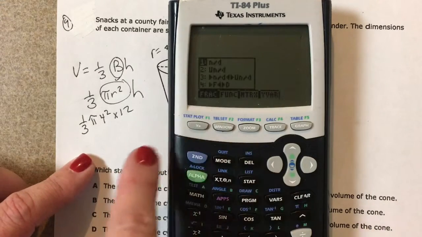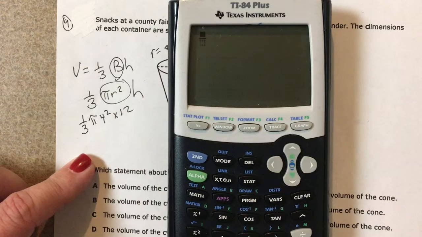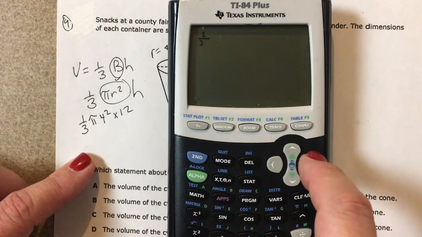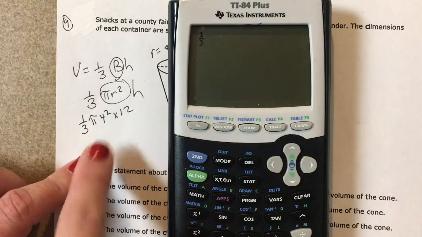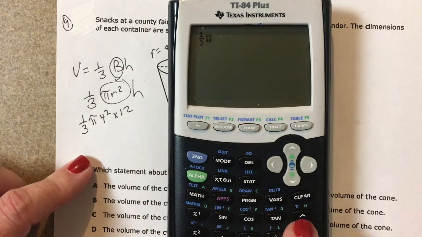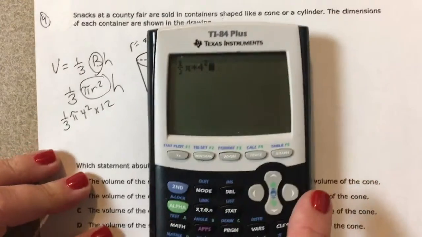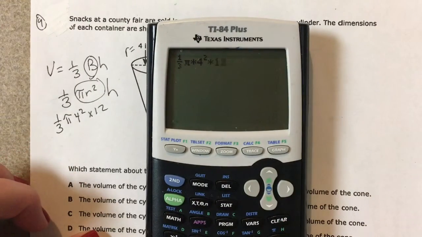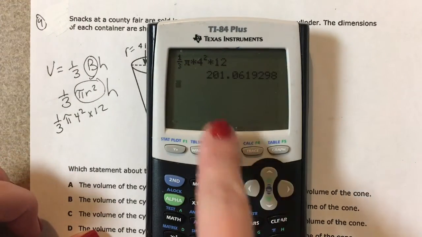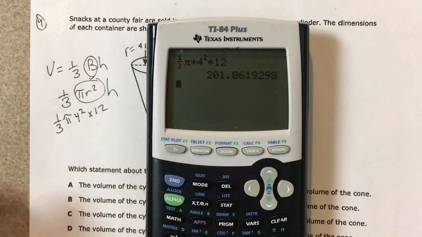Alpha y equal and enter will give you that fraction. So I could put in 1/3, arrow over. For pi it's second and the caret button, times 4, and it's going to be squared, so I need that x squared button, and then times that height of 12, and that's about 201.